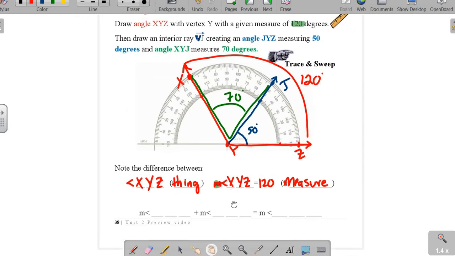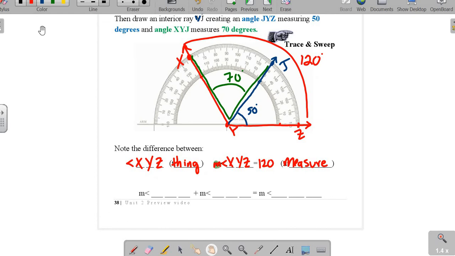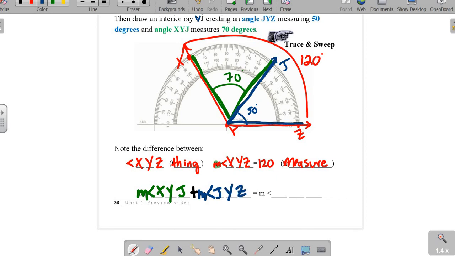Now, here, using the colors, you can see that the measure of the green angle, we'd say measure of the angle XYJ, plus the measure of the angle JYZ, equals the measure of the angle XYZ.